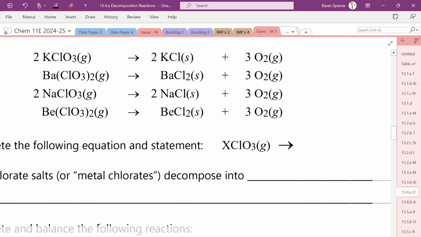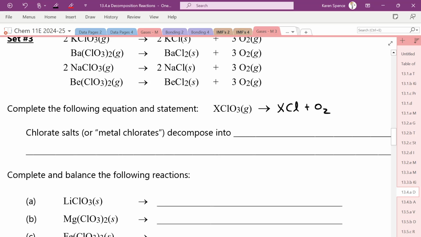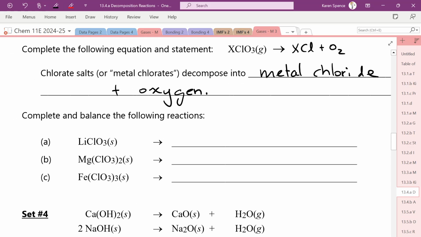Okay, so XCl plus O2. So metal chlorates decompose into metal chloride plus oxygen. So LiClO3, you can predict those, balance them.